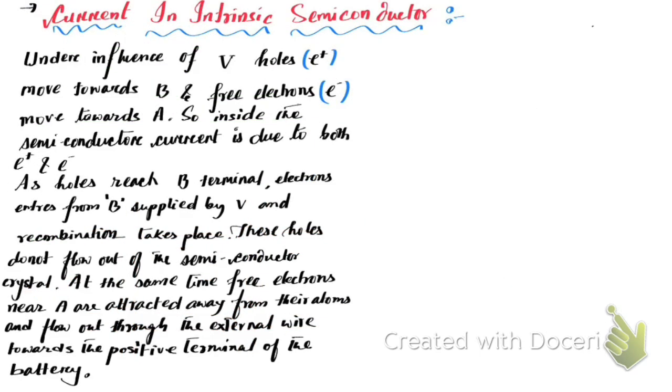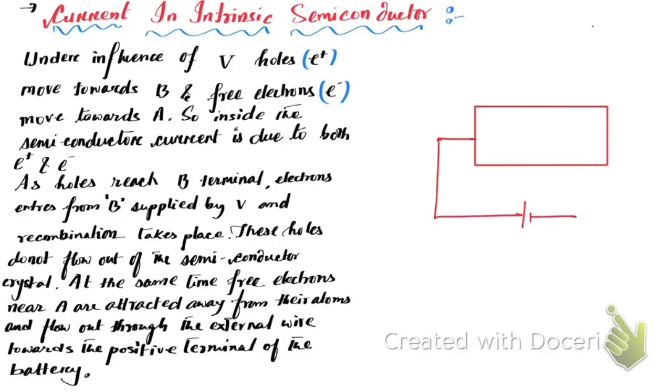Now let me explain the current in an intrinsic semiconductor with the help of a diagram. Suppose this is a semiconductor, connected to a battery. Here is the positive terminal, and this shorter one is the negative terminal.